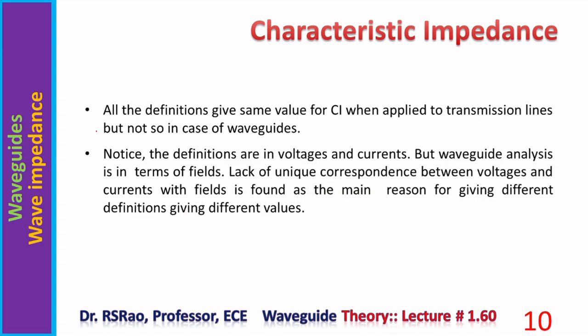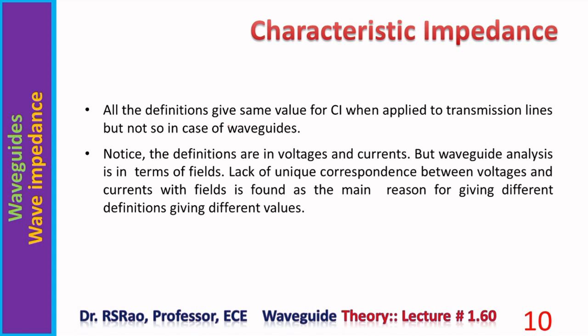All the definitions give the same value for characteristic impedance when applied in transmission line theory, but not so in the case of waveguides. The main reason is that definitions are given in terms of voltages and currents, but in waveguide theory, voltage and current are taboo. They are not used. Only electric field and magnetic field are the things with which we analyze waveguides.